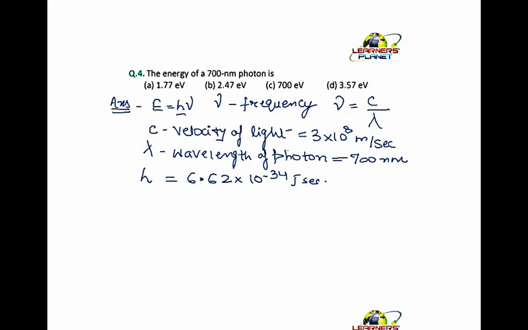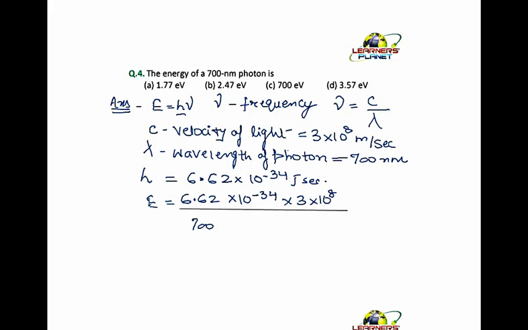Now can we calculate the energy of a photon? Energy is equal to h, that is 6.62 into 10 to the power minus 34, multiplied by 3 into 10 to the power 8, divided by lambda, that is 700.